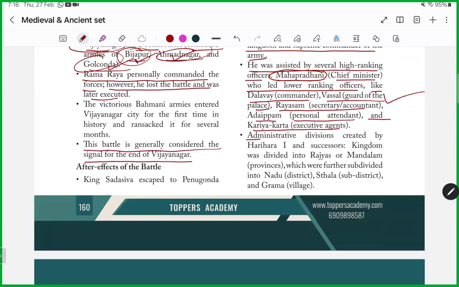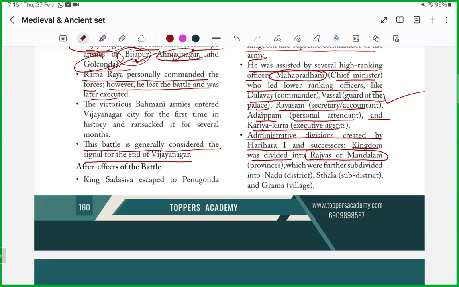Then the administrative divisions created by Harihara I and his successors. The kingdom was divided into rajyas or mandalams. This is very important. The Delhi Sultanate kingdom was divided into how many provinces?